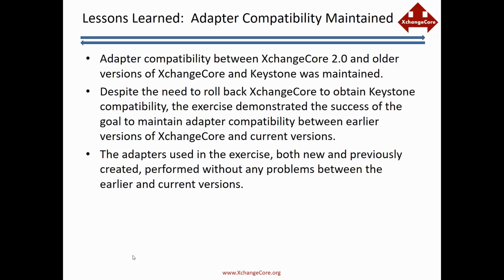So I can take an adapter from an old 1.3 XchangeCore and it will work on a 2.0 XchangeCore with, I'm going to say, little to no change. There are a couple changes that took place in .NET code for security, and you have to change SSL to TLS inside of your code, but it's really pretty straightforward to maintain the compatibility. So no need to roll back any of the adapters.